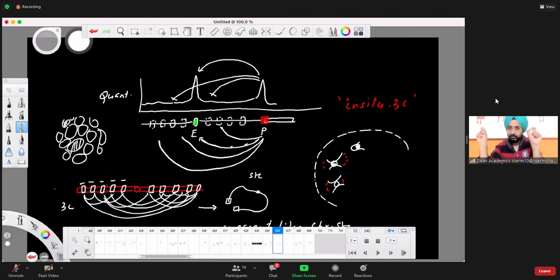Now, as I said, there are methods coming up which are trying to do this multiplex thing, multiplex DNA FISH, but those are very tricky methods. Only 1 or 2 labs are doing this because they developed those assays. They also have their own limitations in resolution. In this case, the resolution will be determined by the choice of restriction enzyme.